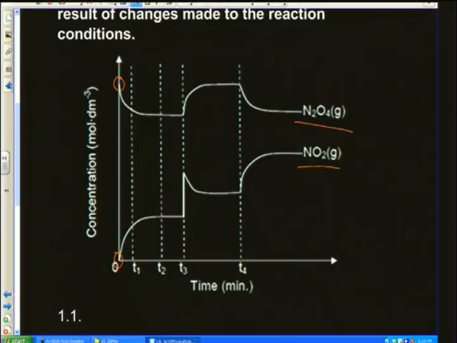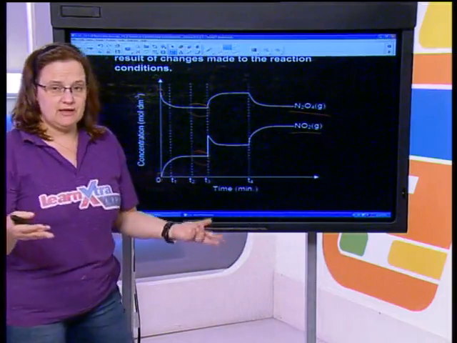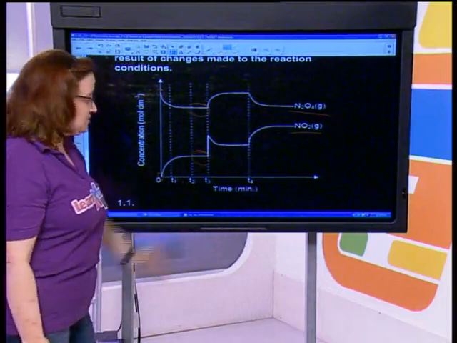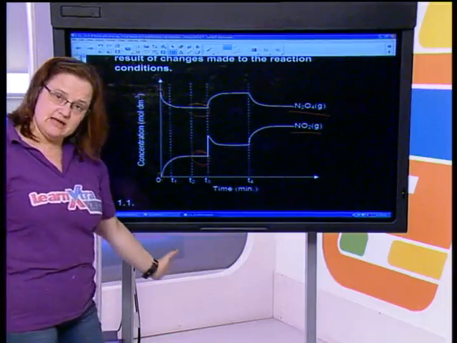In this first part of the graph, the reactants are being used up really quickly. Products are being made really quickly, till eventually we get to the stage where the graph is parallel to the time axis. Because it's now parallel, if I was watching this reaction, it would look as if no more N2O4 is being made and no more NO2 is being made. It will look as if the reaction has stopped. The concentrations are remaining constant. That means equilibrium is established.